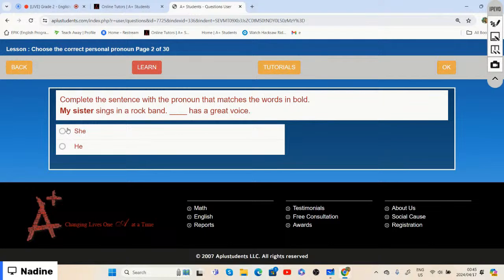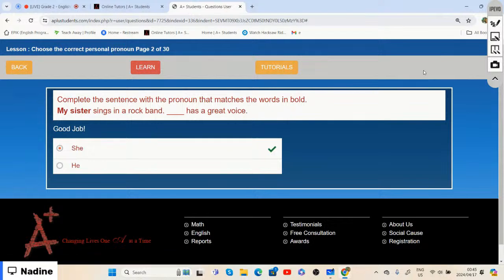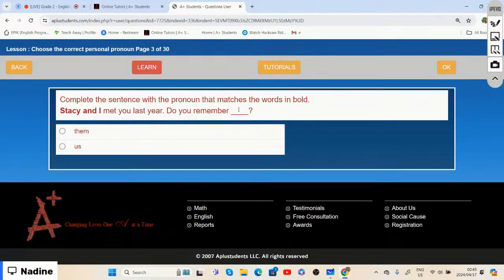All right. And if we choose the correct personal pronoun that refers to my sister, then we can say, my sister sings in a rock band. She has a great voice. So the word she refers to my sister. So well done. She is correct.